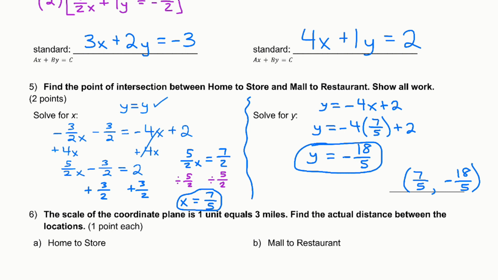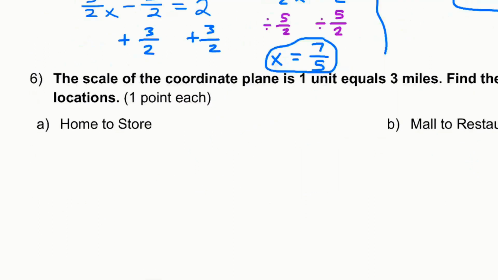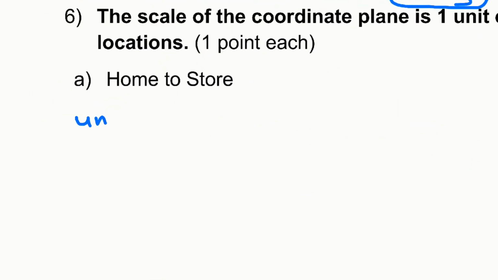Okay. The last task is task 6, and that's the one that we did the past couple of days, where you're going to use the proportions, that butterfly method. So what I have mine set up as is I'm going to take my units over miles.